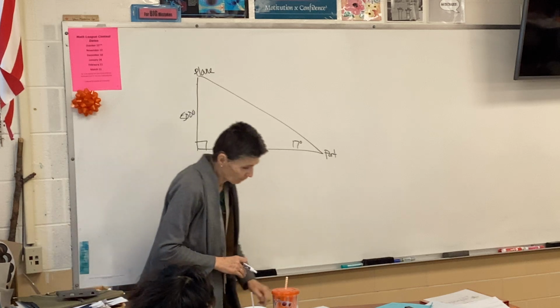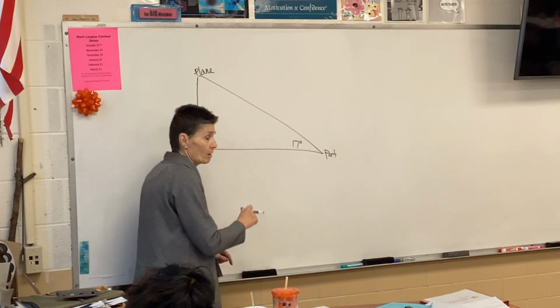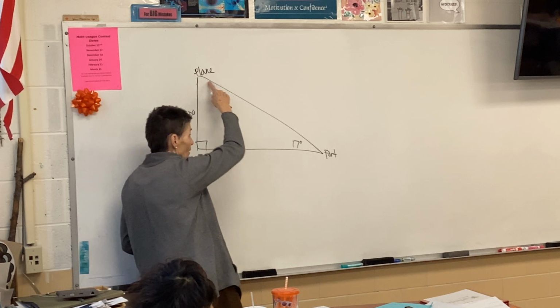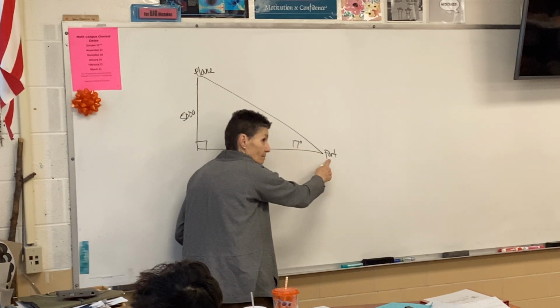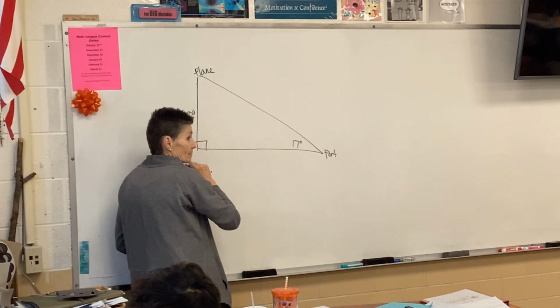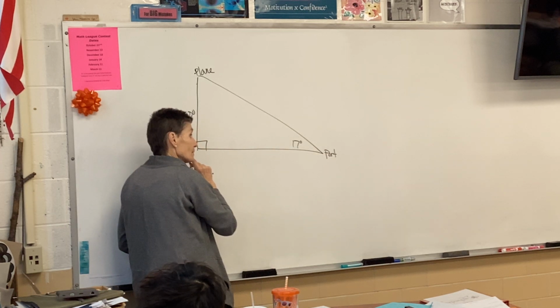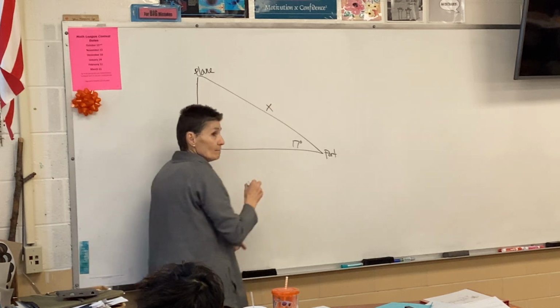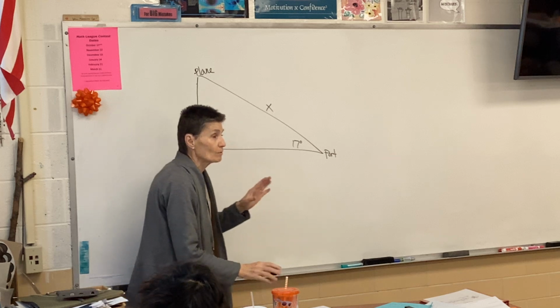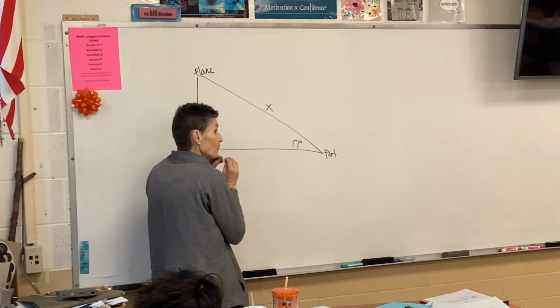Now, what do I want to know? How far is the plane from the airport? What's X? It's the airport, isn't it right here? Yeah. Now, guys, I don't want you to overthink this. It says, how far is the airplane?